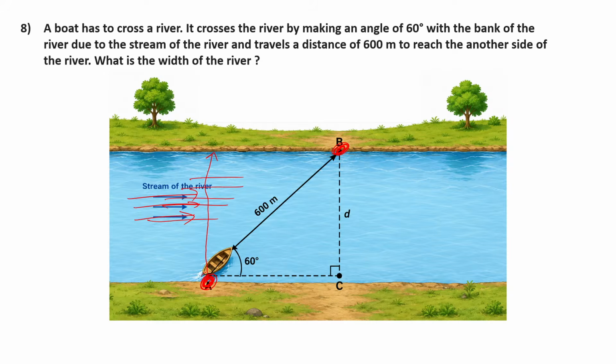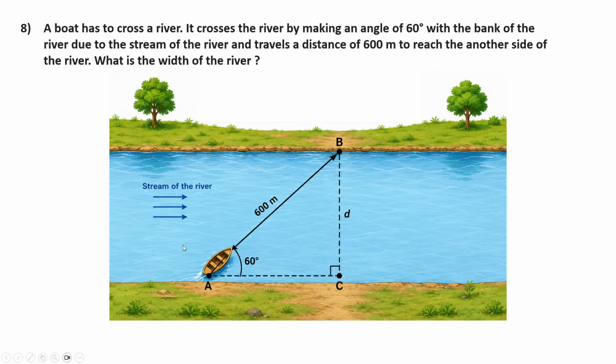So the boat will travel making an angle of 60 degrees with the bank of the river, and it travels 600 meters to reach the destination. And this perpendicular line is nothing but the width of the river. This is what we have to find. I hope you have understood this diagram.